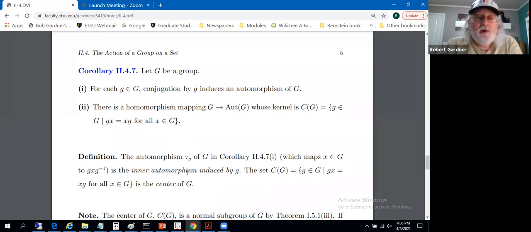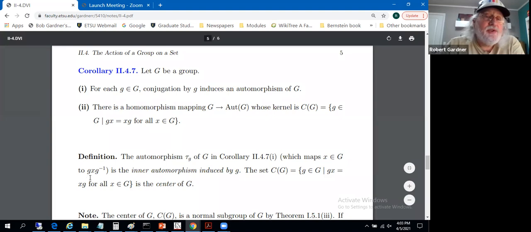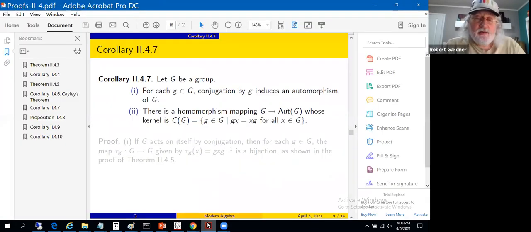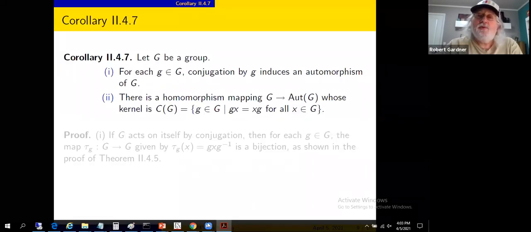As we'll see, this automorphism, which we'll denote tau sub g, will be a mapping of x in G to the element gxg inverse in group G. So it takes an element of the group and it conjugates it by element g. That's what tau sub g does, as we'll see, but there's a name for it, inner automorphism. The second part deals with the center of the group, and let's go through the proofs.